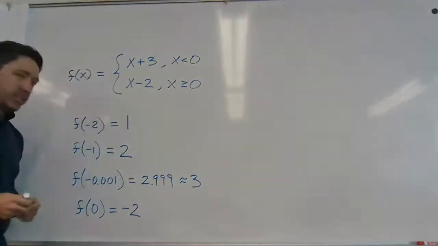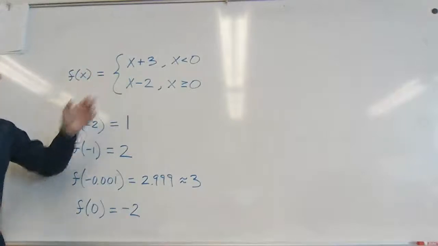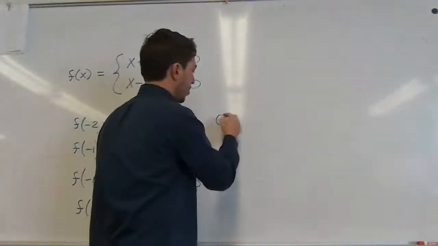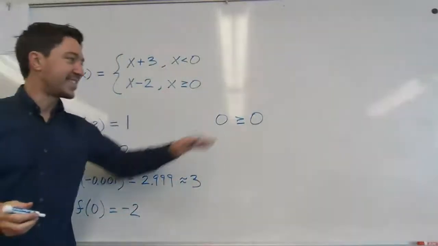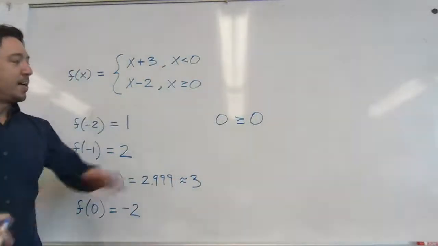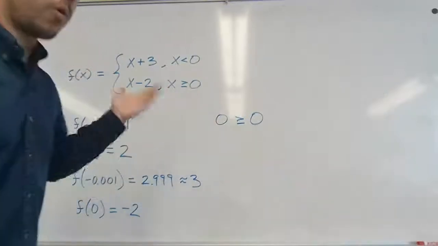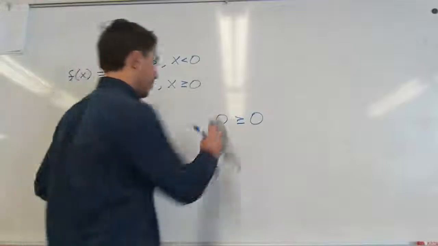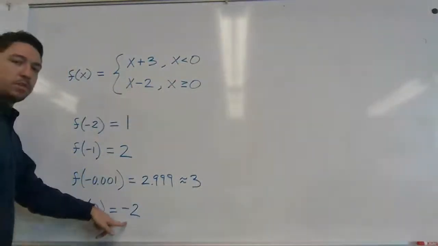This usually throws off younger students when they first see it: true or false, 0 is greater than or equal to 0. It kind of looks like a face. But this is a true statement, because 0 is equal to itself. So we follow this rule. 0 minus 2 is -2.